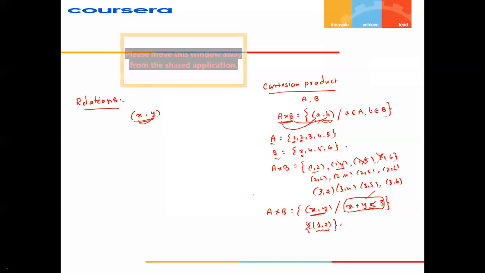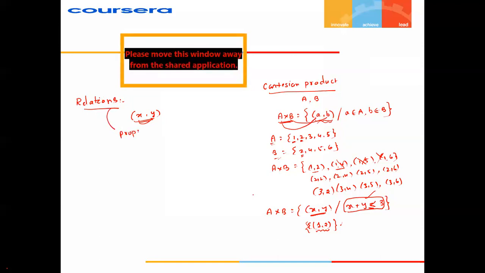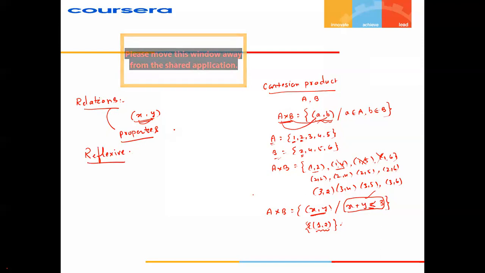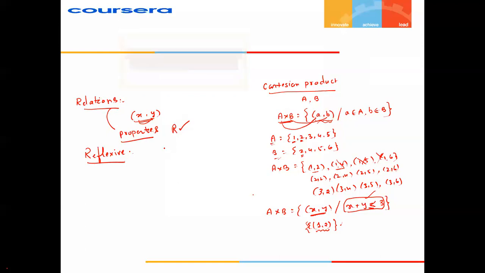Okay. So a relation exists. Now, here our focus is more on the properties, which are very important for us. Properties, in the sense, the reflexive property. Suppose there exists a relation R, a collection of some elements.